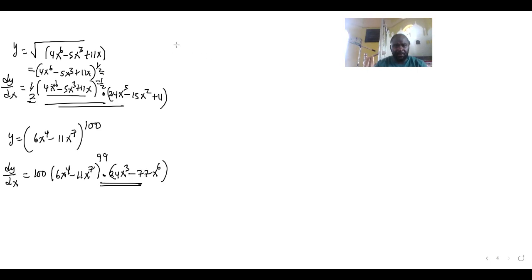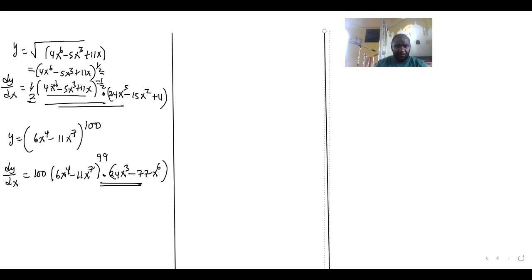Any other person with a question? No person with a question. I want you to try out an activity, actually two numbers. Y is equal to 6x^4 minus 3x^2, all this raised to power 25.